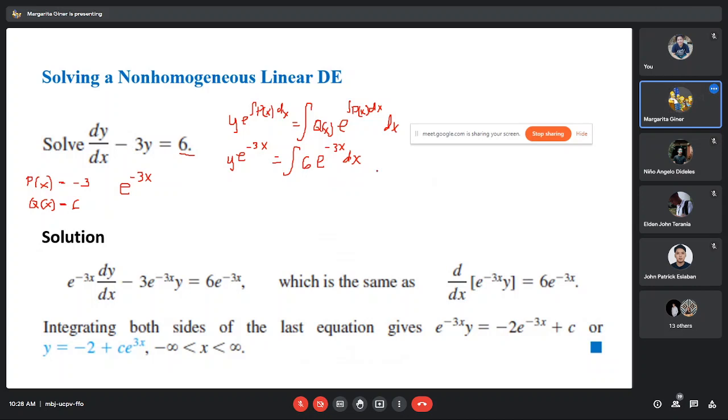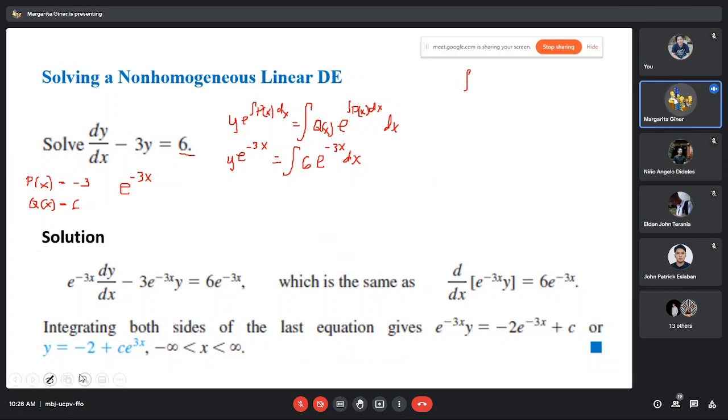Alright. Now, when we solve the antiderivative using the exponential rule, if you still remember it, we take the constant 6 out. Okay? Let's say this is the antiderivative of 3 e raised to 3x dx.